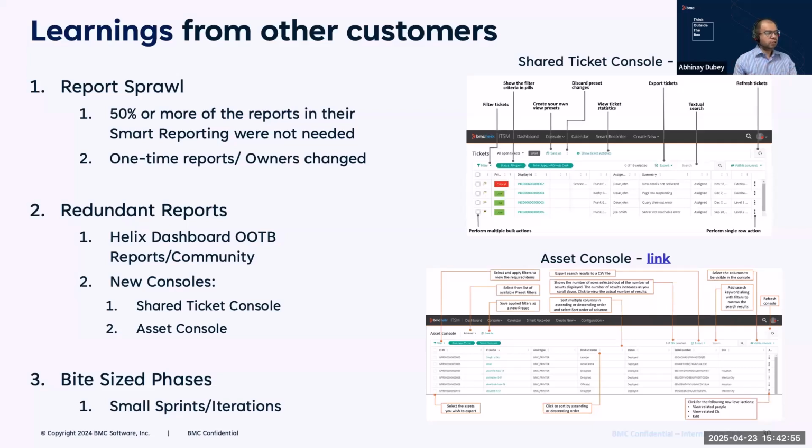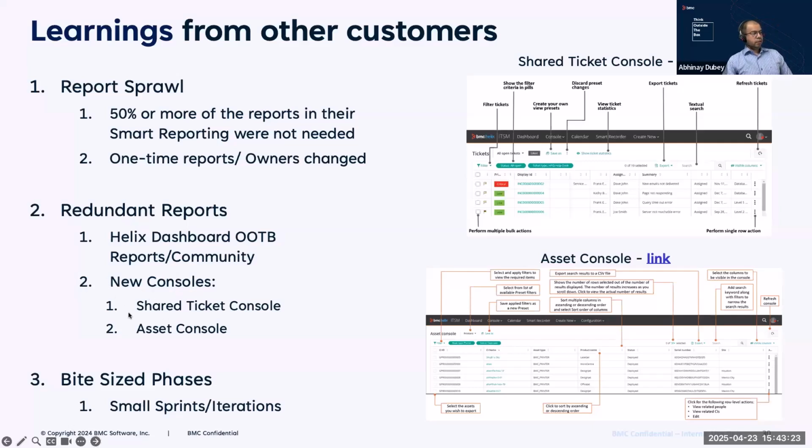Take a look if there is something that's already out there which is giving you exactly the information your custom report was giving in Smart Reporting. If so, you don't need to migrate. And there are dashboards available on the PMC dashboard community. So again, take a look if something is already there instead of creating something from scratch or migrating.